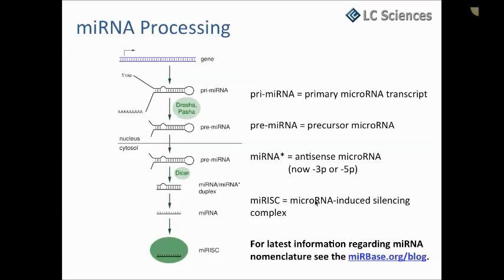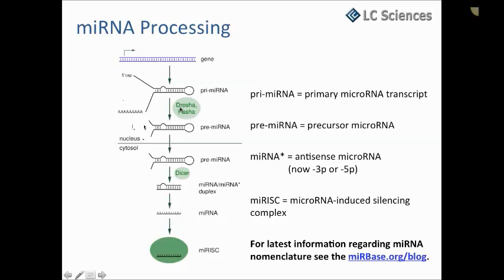This is a slide where I typically spend too much time, so I will try to make it short this time. It's just a rough outline of microRNA processing. Basically, the gene is transcribed into the primary microRNA transcript, or pri-microRNA, which has a 5' cap and a poly-A tail at the 3' end.